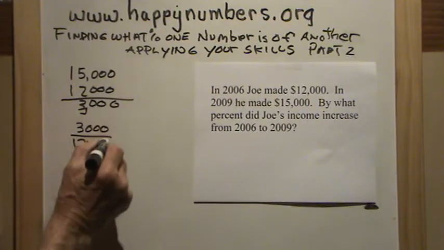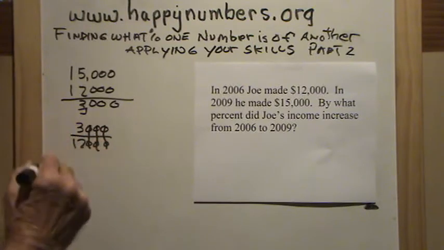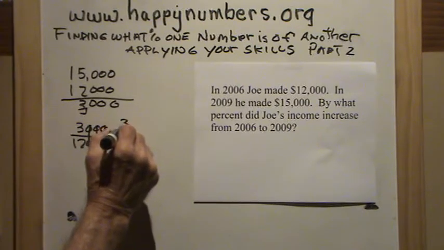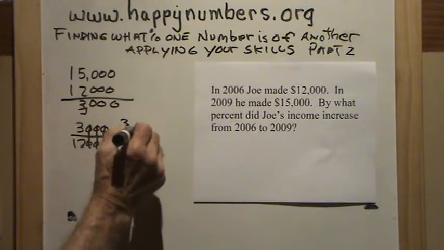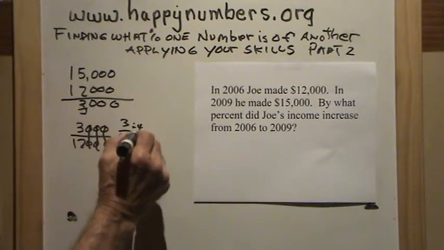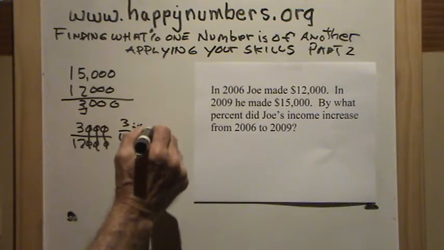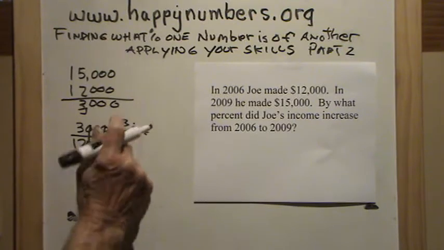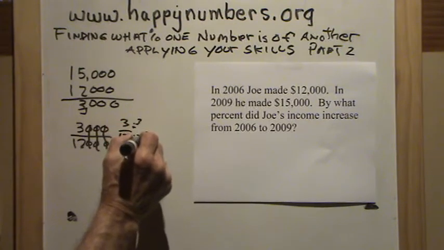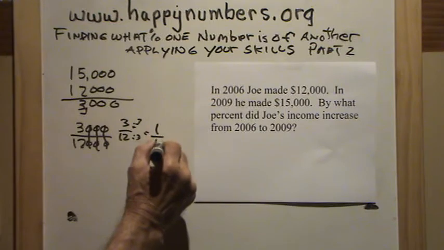Now we have to reduce this. We can just get rid of these zeros, and then we have 3/12. We can divide by 3 and 3, and we get 1/4.